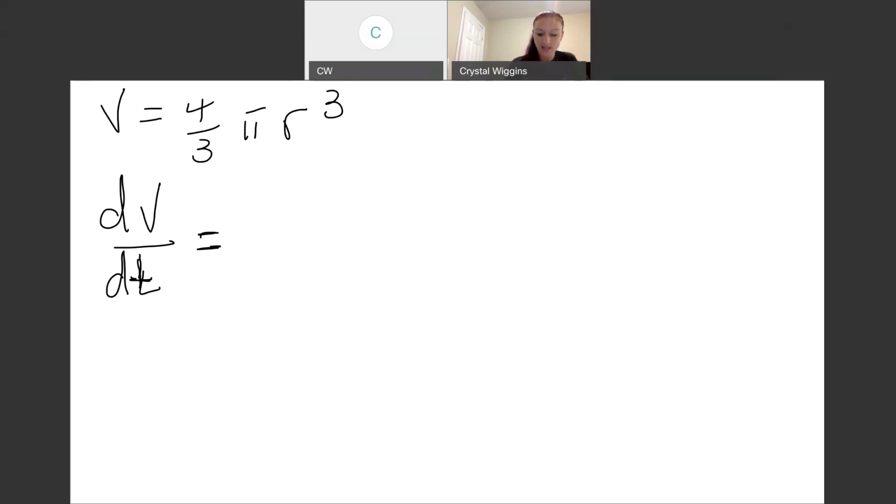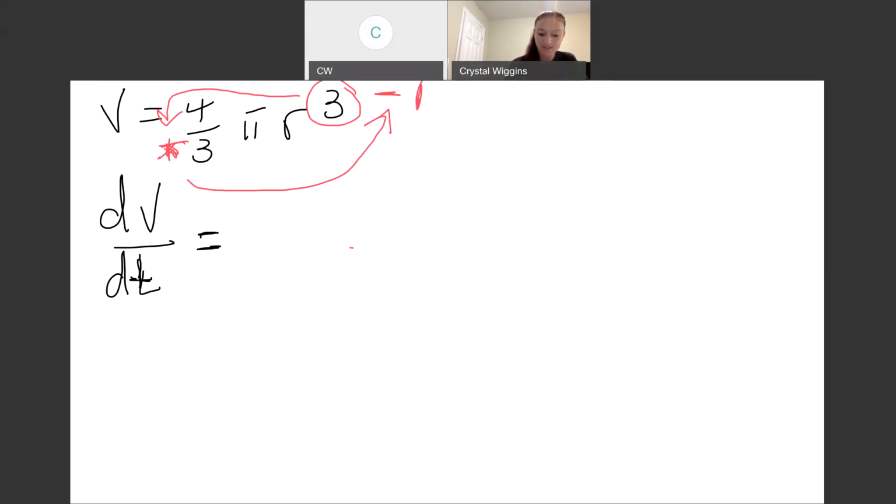So we're going to take our exponent and do the power rule. We take the 3, multiply it down in front, come back up and subtract 1.